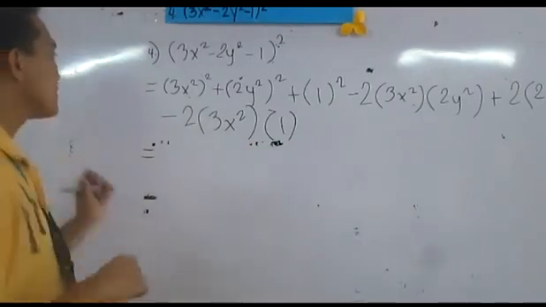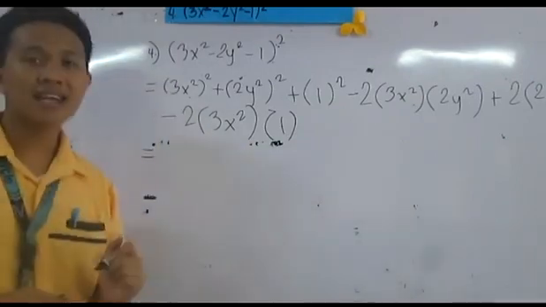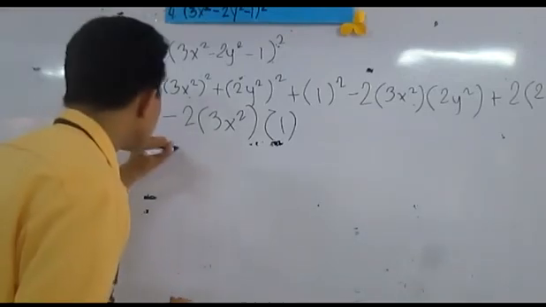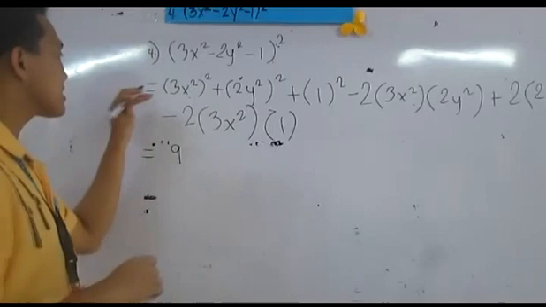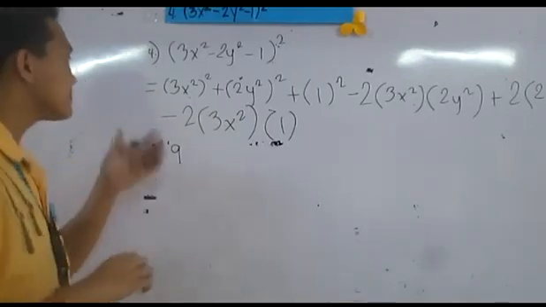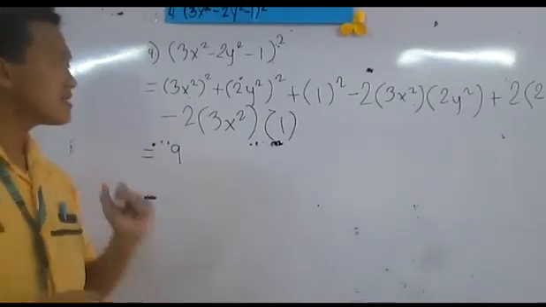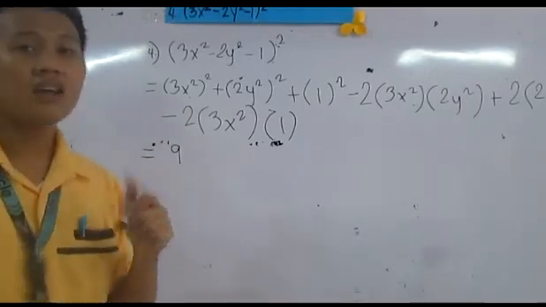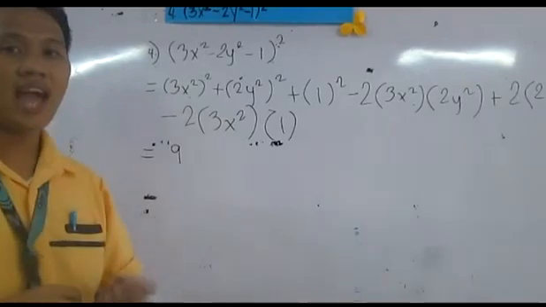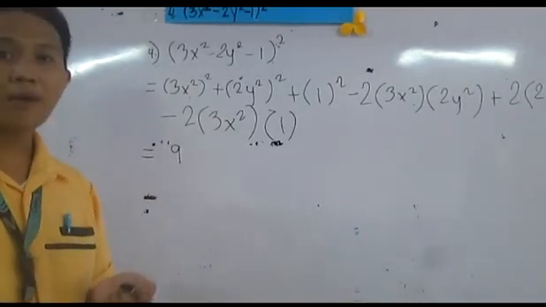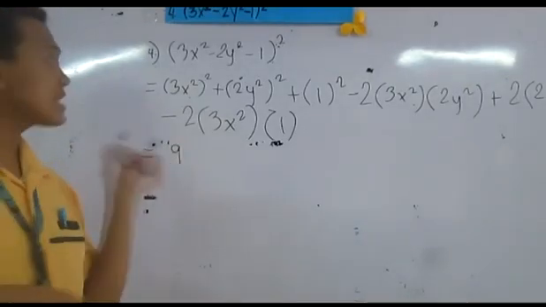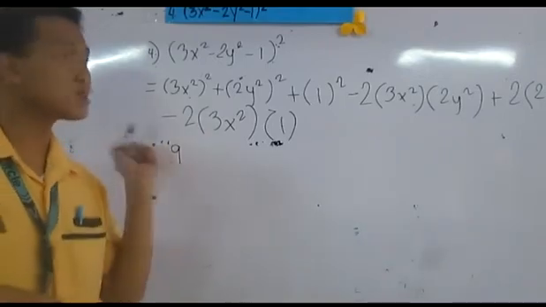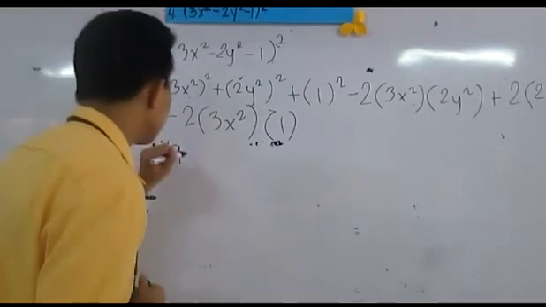Now we have 3x squared, quantity squared, is equal to 9x raised to the power 4. It is just the law of exponents, a power to a power, where given 2 raised to the power 2, we simply multiply the exponents, where 2 times 2 is equal to 4.